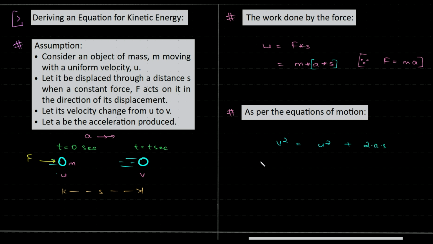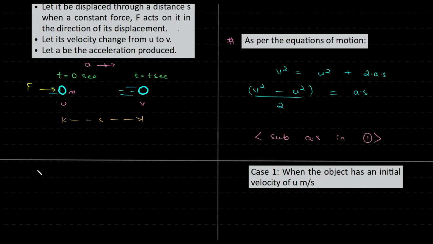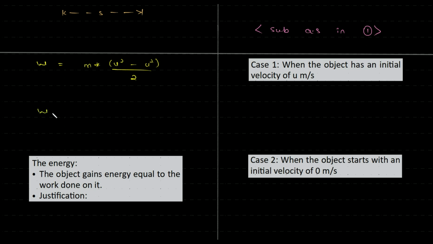Rearranging, we have (v square minus u square) divided by 2 equal to a into s. We're going to substitute this in equation 1. So we have W equal to mass into (v square minus u square) divided by 2. Okay, so we have W equal to half m v square minus half m u square.